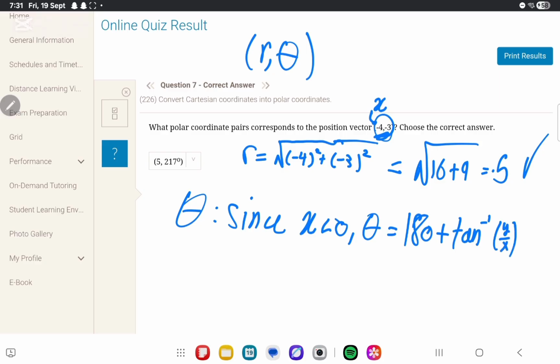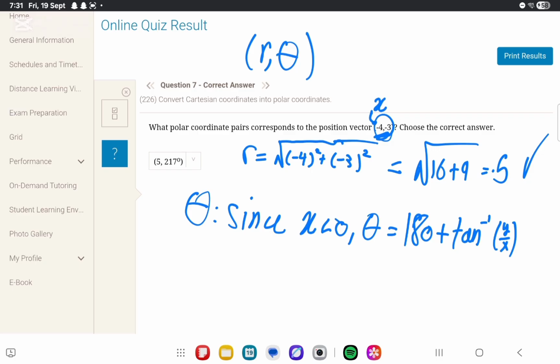I did show an explanation for this in the CA video quiz. I will re-explain why it's 180 plus the inverse tangent if x is negative, in a question where I can actually see the graph, because this needs a graph to accurately explain.